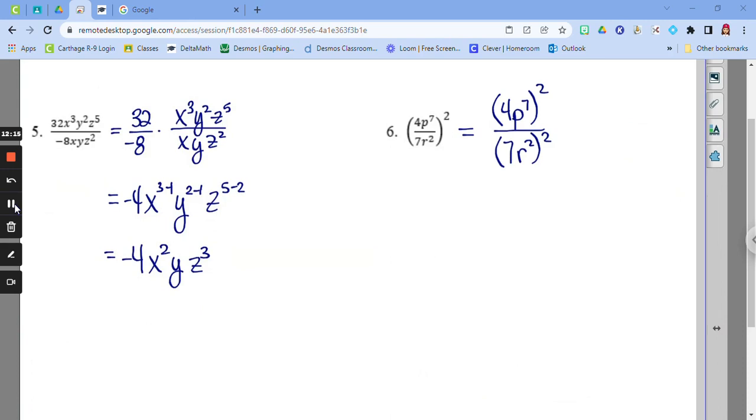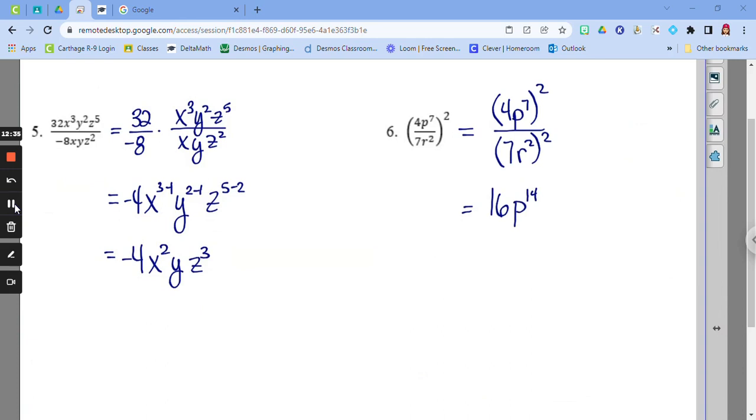So 4 squared is 16. What do we do with the power to a power? Multiply. So that's going to be p to the 14th. Because remember, I have 2 groups of p to the 7th.